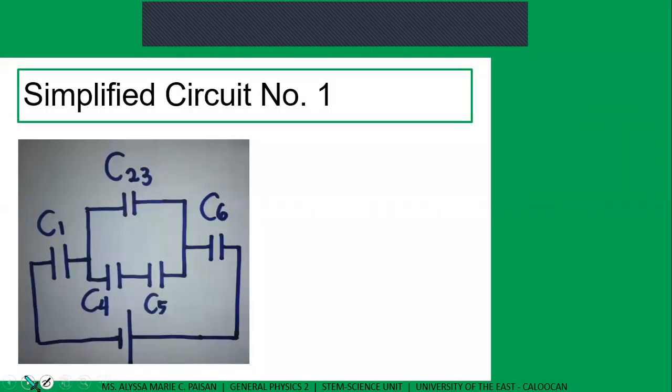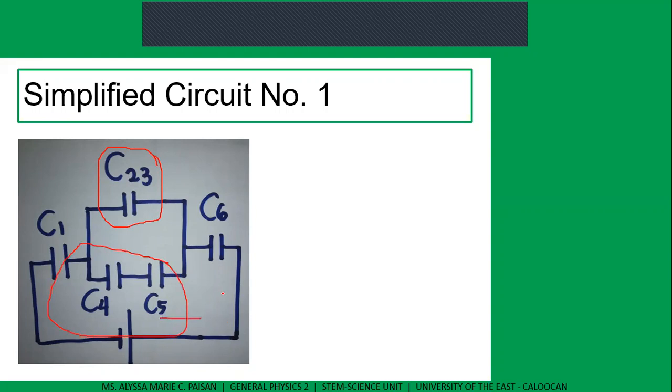Ayan. So, after the original circuit, pinag-combine natin si C2 at si C3 doon, no? So, sa simplified circuit number 1, magiging isa na lang siya. Ito na siya. Ayan. Tapos kanina, alam din natin, sure din tayo na C4 and C5 are in series with each other. So, ito naman yung next nating isi-simplify.